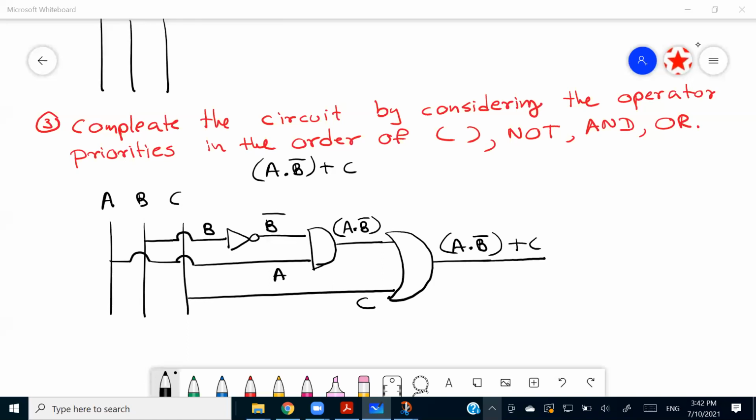Okay. Can we move, people? All right. Is there anyone still writing?